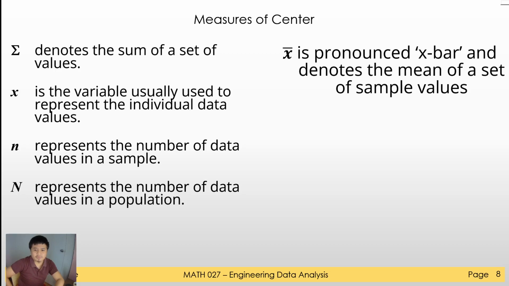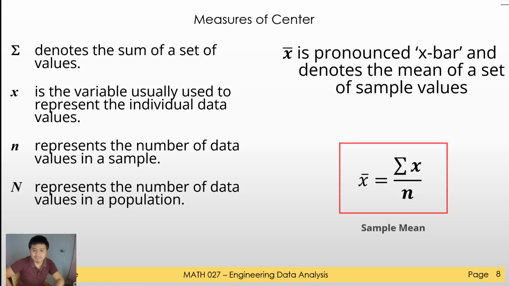We have a formula now. The basic formula is X bar is equal to the summation of X over n. The summation basically means that we have to sum this data set, the sum of X, and then over n, where n is the number of data in the sample.